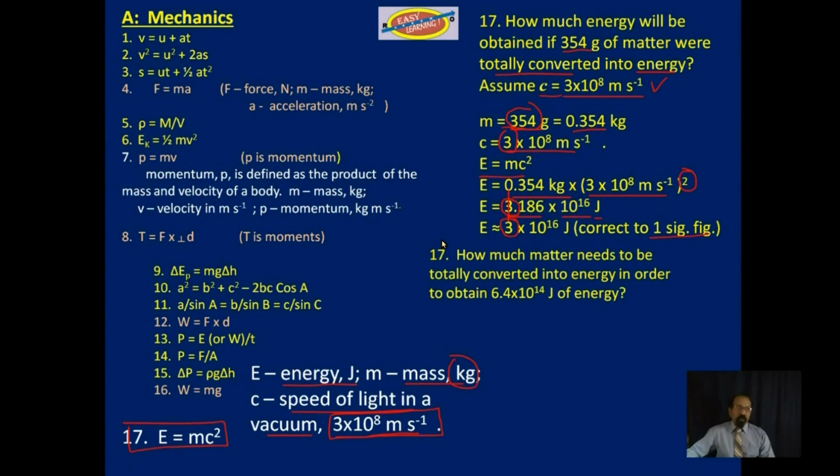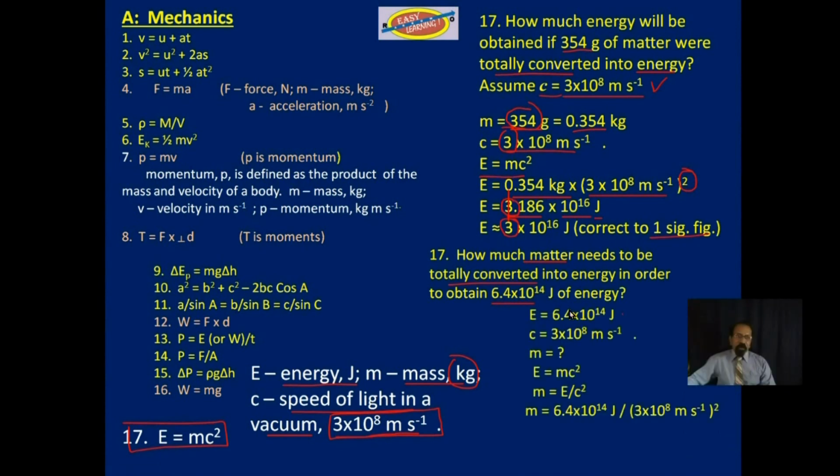Next question, relating energy and mass. How much matter needs to be totally converted into energy in order to obtain 6.4 times 10 to the 14 joules of energy? This time, we know the energy, we know the speed of light, we want to find matter. We know E is equal to mc squared.